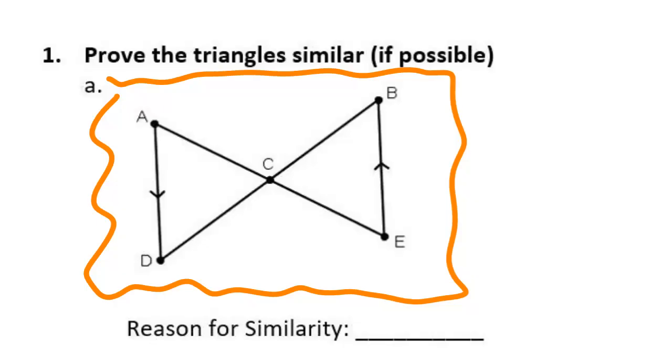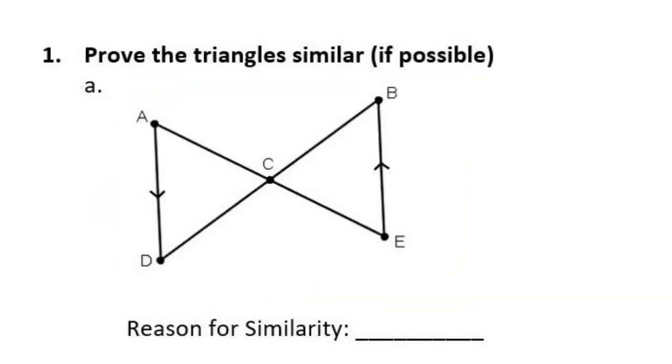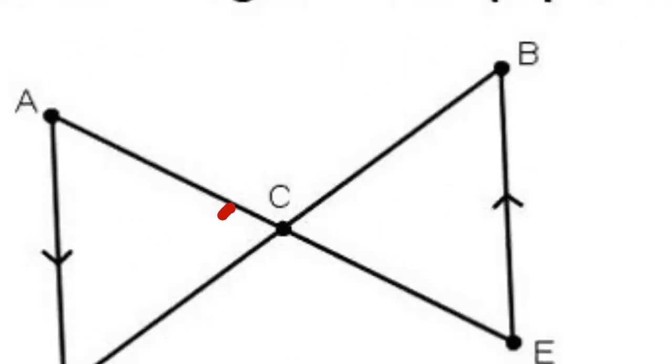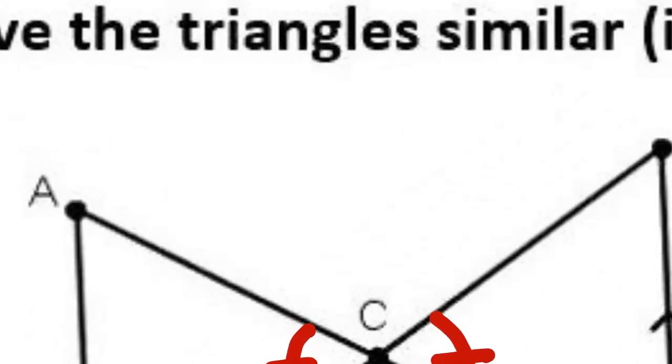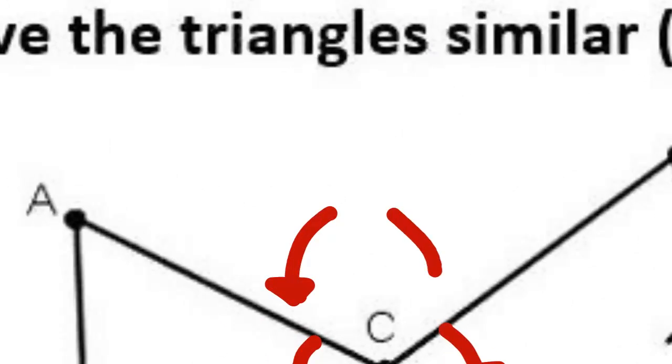Does anybody know something on this first picture here, number 1, part A, that I would be allowed to mark without being told? Vertical angles, yes. So my vertical angles are right here at the center of the bow tie. Those are congruent to each other.